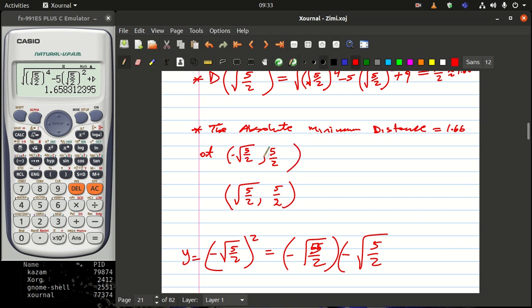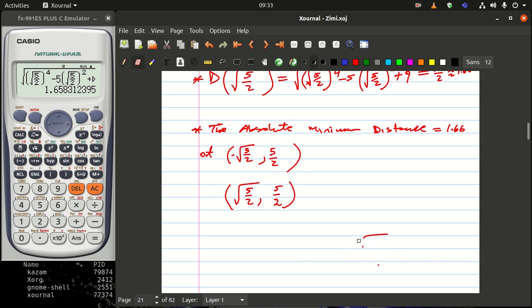So at this point and at that point on the curve, we are actually having the closest points to the point 0, 3. So these are the points that we're actually looking for here. You can see that the procedure is still the same. Hopefully you understood that we first have to formulate.